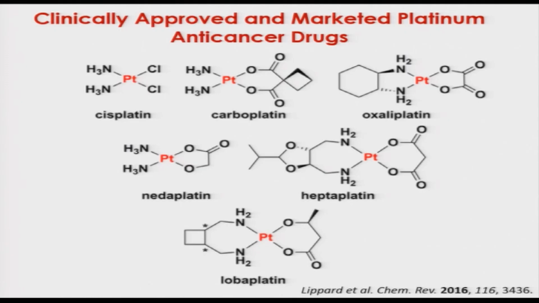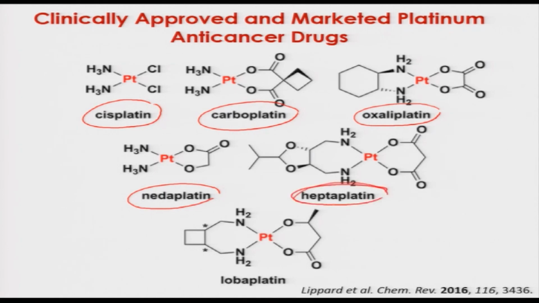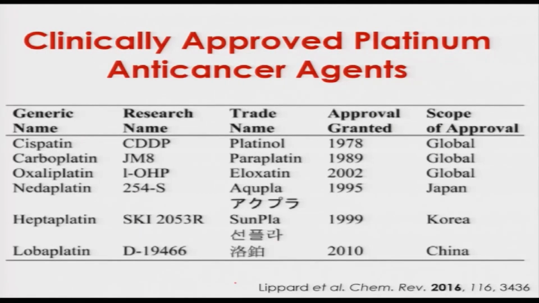So, clinically approved and marketed platinum anti-cancer drugs are displayed here. As one can see, there are several such platinum 2 complexes like cisplatin, carboplatin, oxaliplatin, nedaplatin, heptaplatin and lobaplatin, and this is the list where you can see the research name of each molecule, the trade name, when it was approved and where it is being utilized.